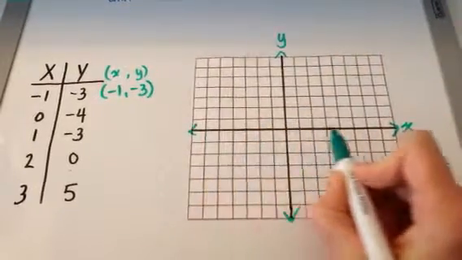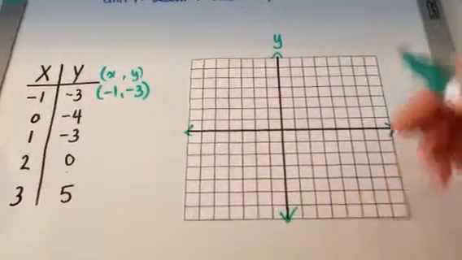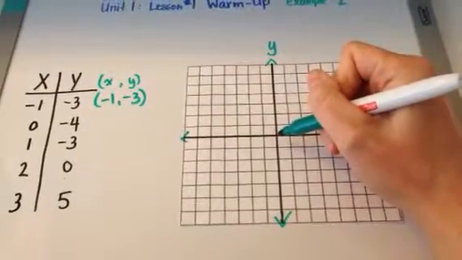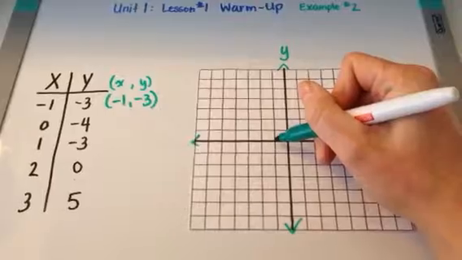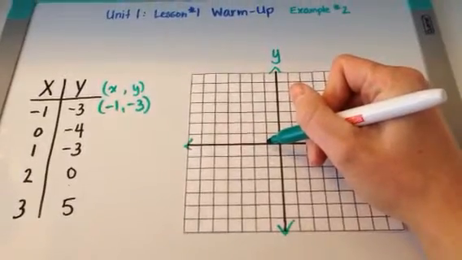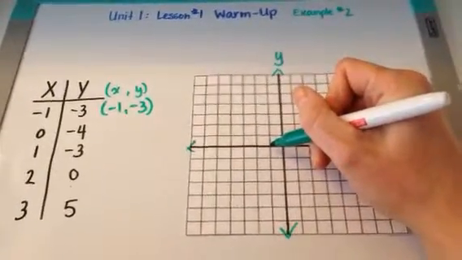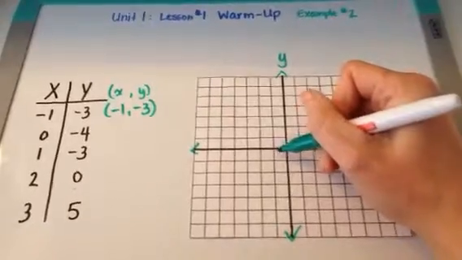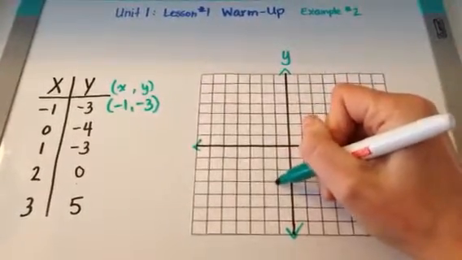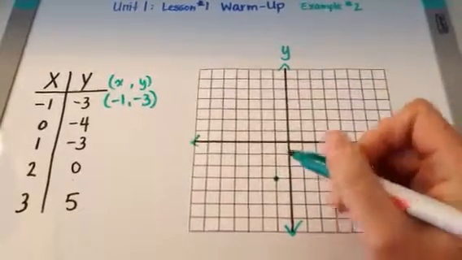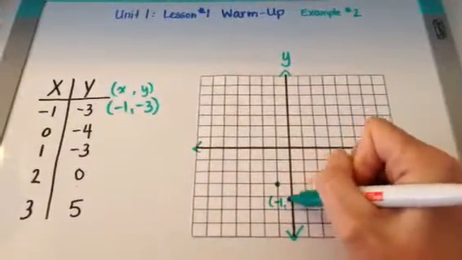So we're going to move across the horizontal axis first. Our x value is -1, so we move over to -1. Our y value is -3, so we move down 3 units. 1, 2, 3. And this is our first point that we have. -1, -3.